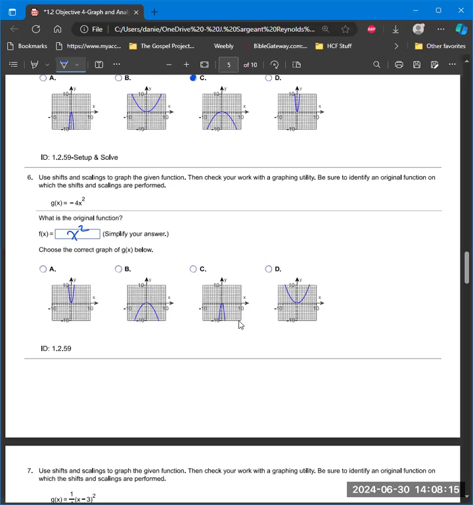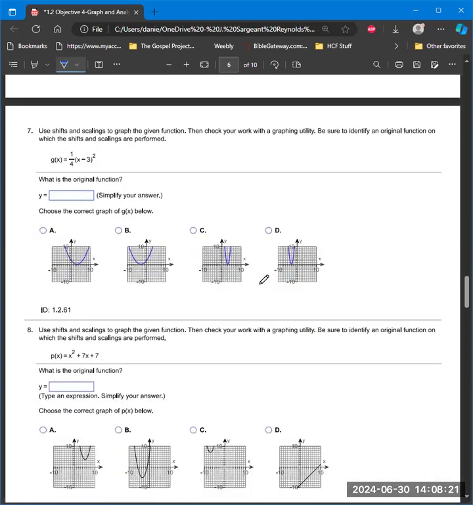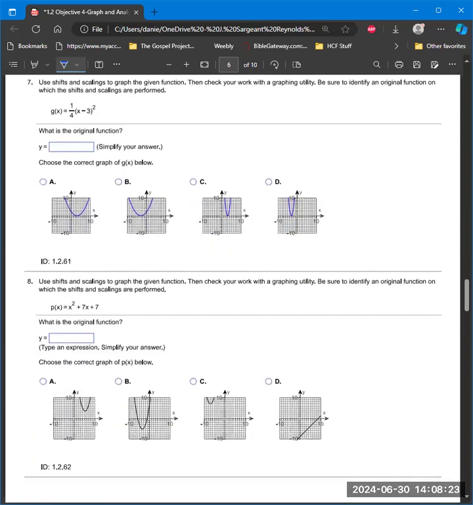So that's going to be C. This one was also originally x squared, and we have a vertex now at 3, 0, and it was compressed by a factor of 1/4. So that looks like A.